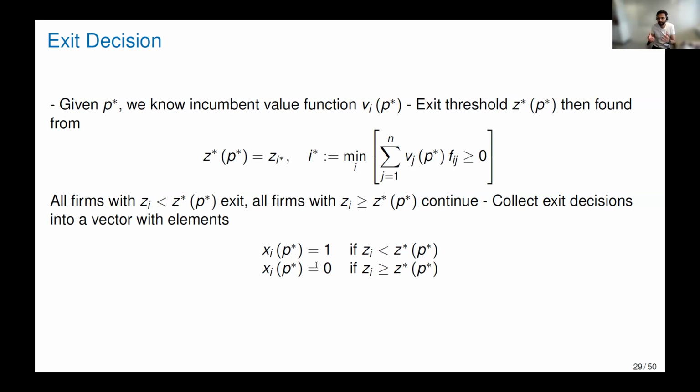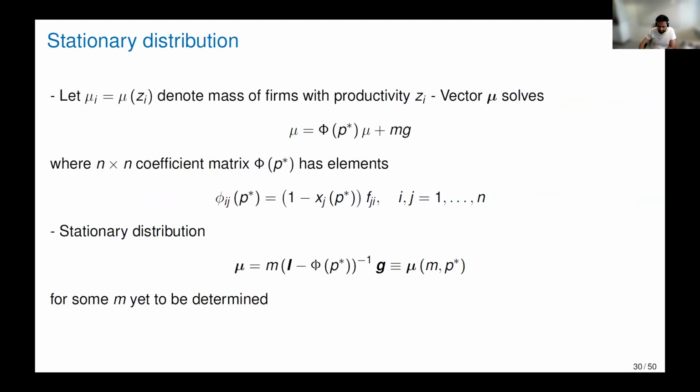So this X becomes a column vector of these exit decisions that I will collect all together. Then this column vector, I can use it in the phi to get my mu, which is the stationary distribution. Okay, so this P is, for each productivity type I, who is going to jump to J, given P star, the transition probability.